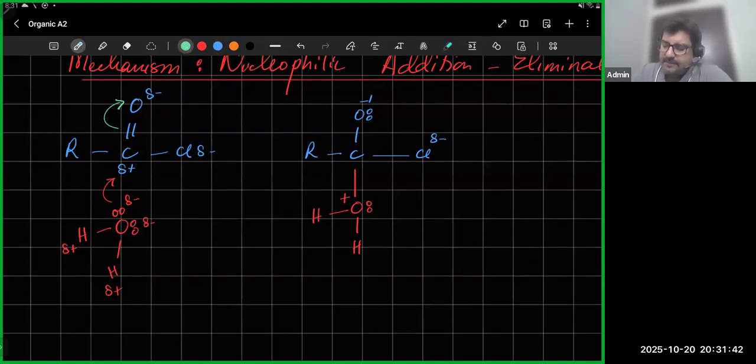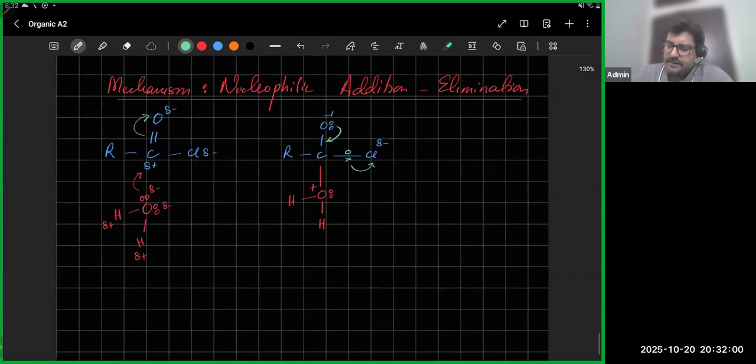Now the next step is the lone pairs at the top, the negative charge, have nowhere to go. So those electrons come back and reform the double bond. And when that happens, the Cl electrons get repelled and the Cl gets knocked out. So that's your next stage.